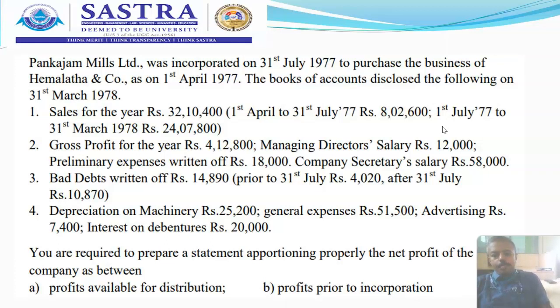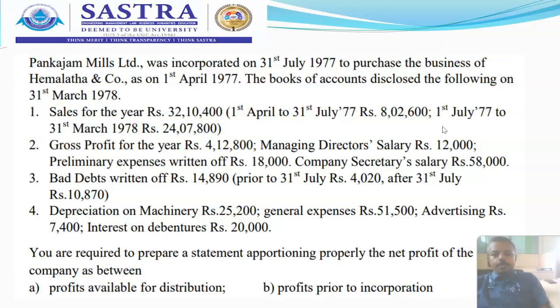And the fourth one is depreciation and amortization expenses. This also has only one item, so take this as the total of depreciation and amortization expenses. Then other expenses, we have around 5 expenses: managing director salary, preliminary expenses written off, bankers, general expenses, and advertising. Since we have 5 expenses, sum up all these things.